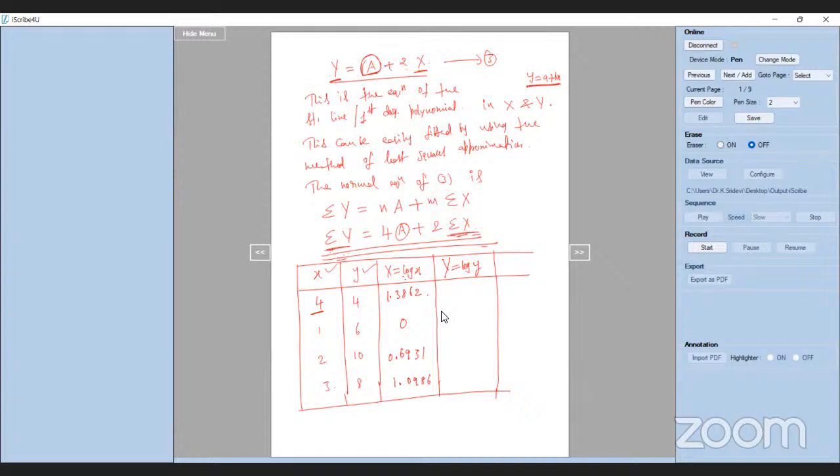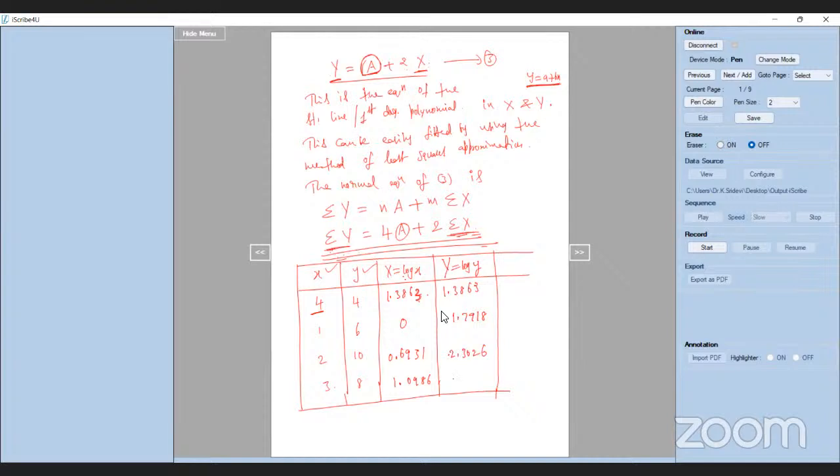According to the y values, log 4, same value. Log 6 is 1.7918. Log 10 is 2.3026.